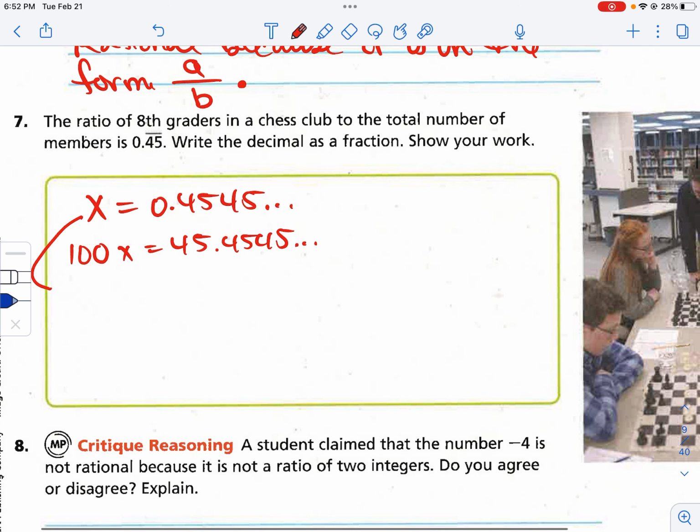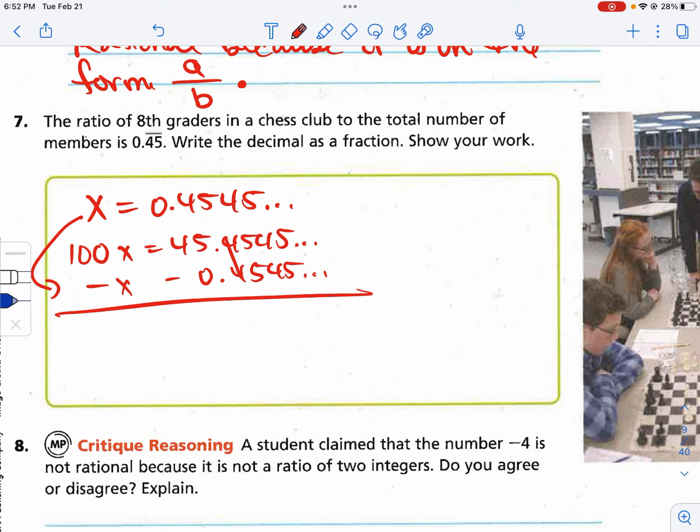Okay, then I bring this down and subtract. Cancels, cancels, cancels, cancels. All the rest cancel. I get 99x equals 45. Divide by 99. 9 goes into both of those, so 5/11.